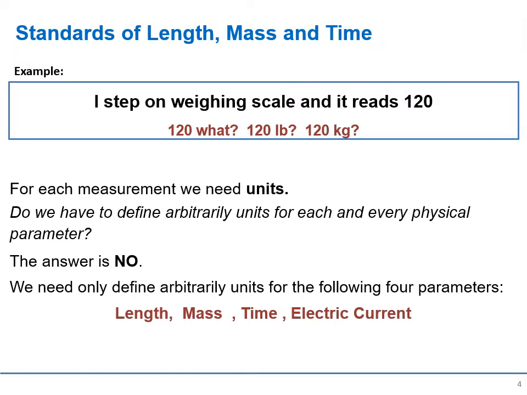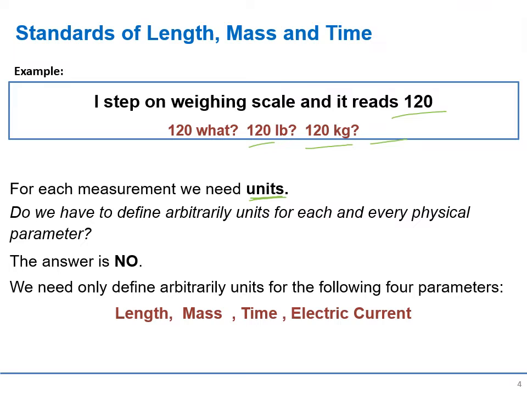Standards of length, mass, and time. For example, I step on a weighing scale and it reads 120. Now 120 what? 120 lb, 120 kilograms, 120 grams? For each measurement, we need some units. Unless you give a unit to a number, it doesn't make any sense.